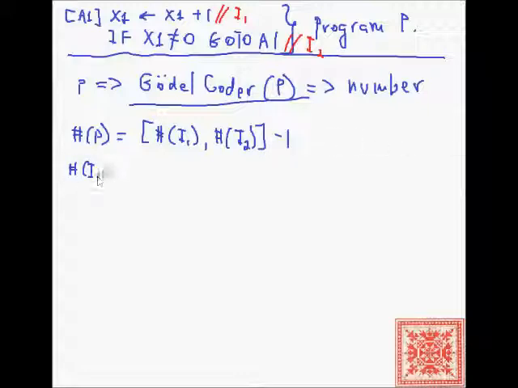The number of the first instruction was actually one of our examples in the previous screencast, and it's the pair of the pair. The first element is 1, the second element is the pair, also consisting of 1, 1. You can review our screencast on pairing functions. So what is 1? That's the number of the label, A1.